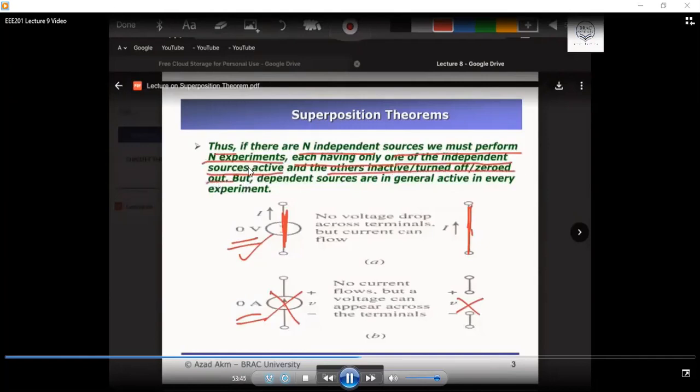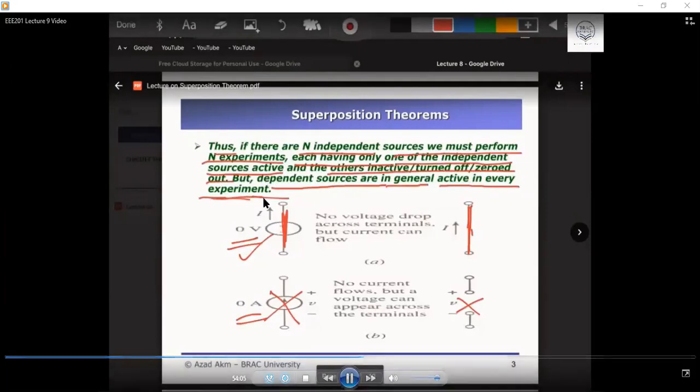But here is the answer to your question. If there is a dependent source present, in general, it is active in every experiment. That means a dependent source cannot be deactivated. It is active all the time.